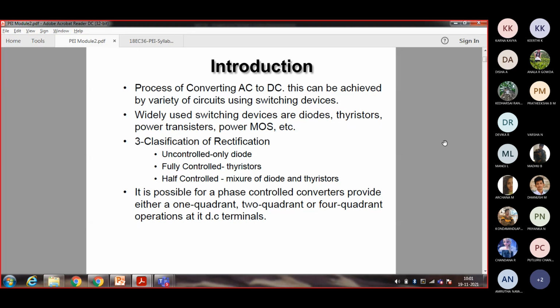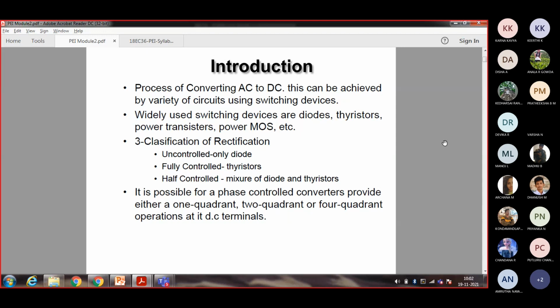This can be achieved by a variety of circuits using switching devices. Either you can use thyristor, diode, or some other devices where we can perform AC to DC conversion. Widely used switching devices are diodes, thyristors, power transistors, power MOSFETs, etc. That is metal oxide semiconductor devices.